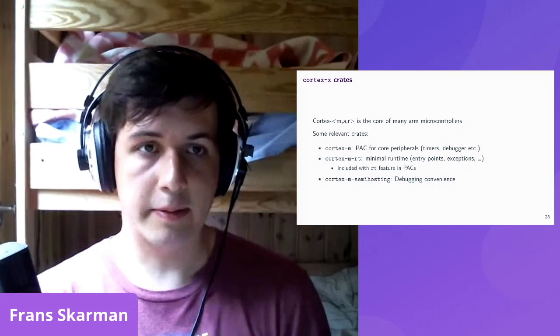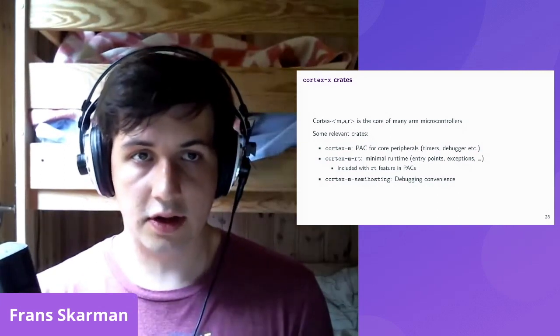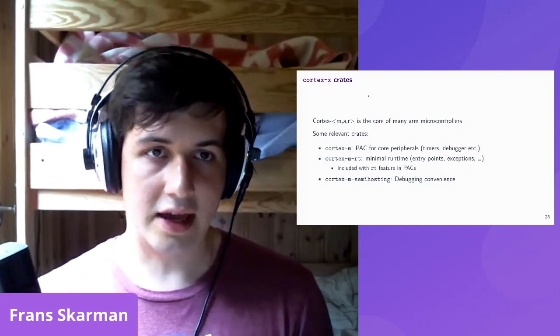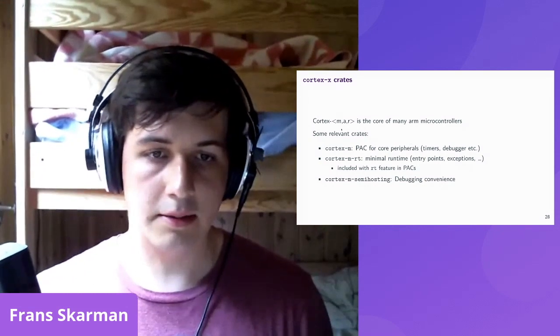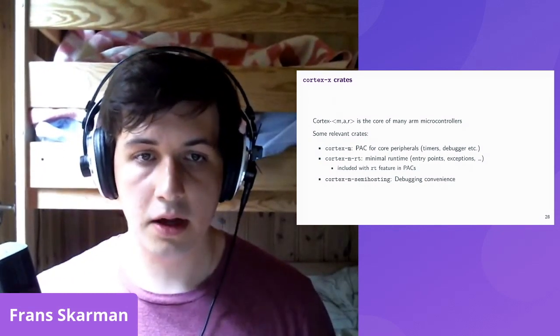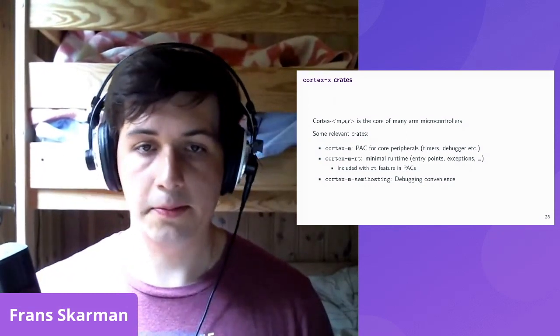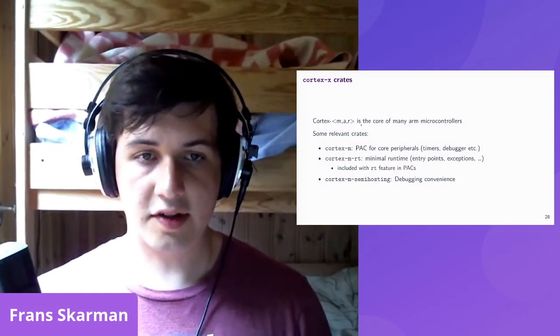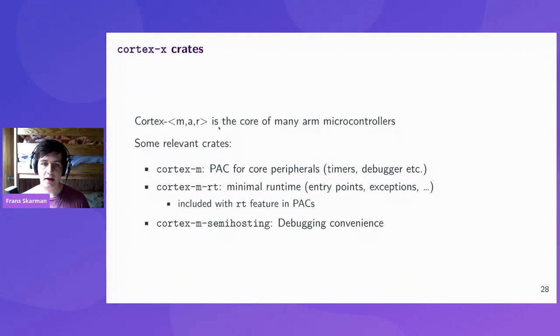Finally, you will probably come across crates with the cortex-x name. Generally, in the embedded world, you would come across cortex-m, but there is also A and R. And cortex-m and similar is the core of many ARM microcontrollers. So it has some timers, it has some debuggers, it has interrupts, it does the actual instruction execution.